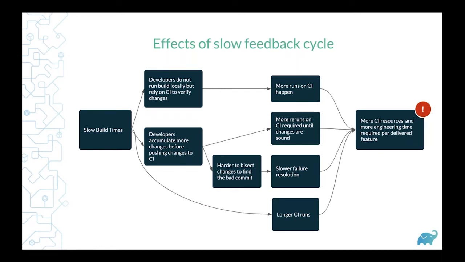Which makes failure resolution slower. And also accumulating more changes, given the likelihood of a failure is higher, it again means you're going to need more CI runs until the build is green, right? So instead of doing that locally, you're using CI for your feedback cycles. And so if you then look at the sum of all this, you do a lot more runs on CI, which puts a lot more pressure on CI.